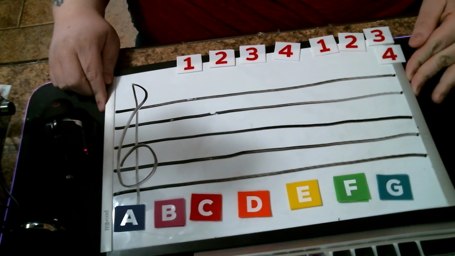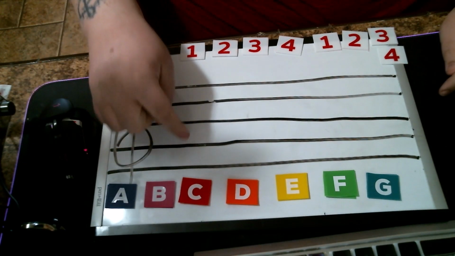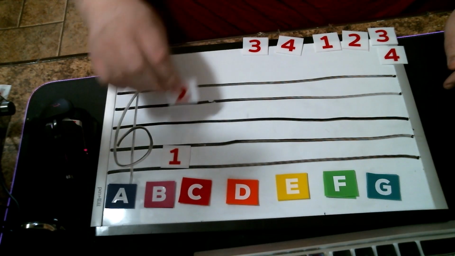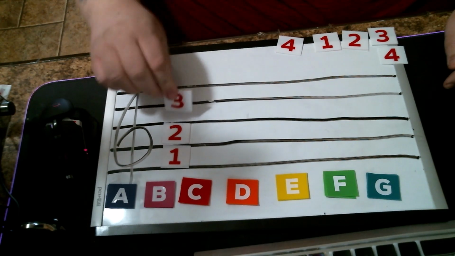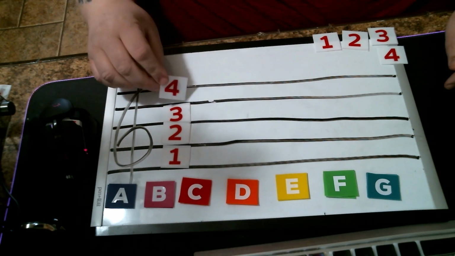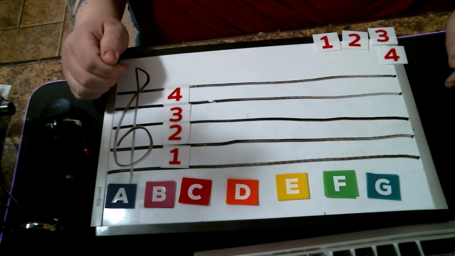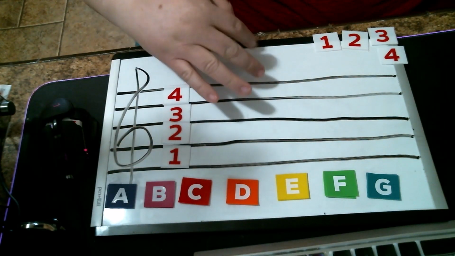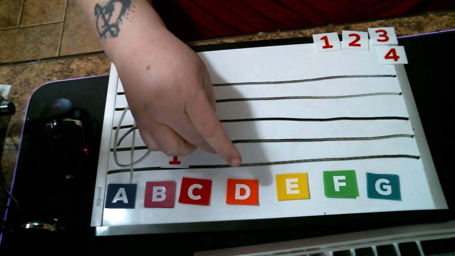So let's start off with our spaces. 1, 2, 3, 4 spaces. Let's go ahead and put our letters in here. Now, they're not always linear when we're using just lines and just spaces. This time we're going to do just the spaces.